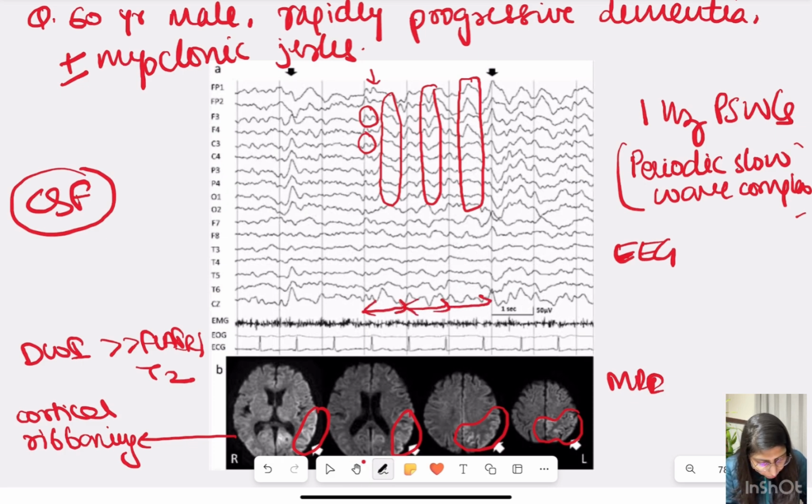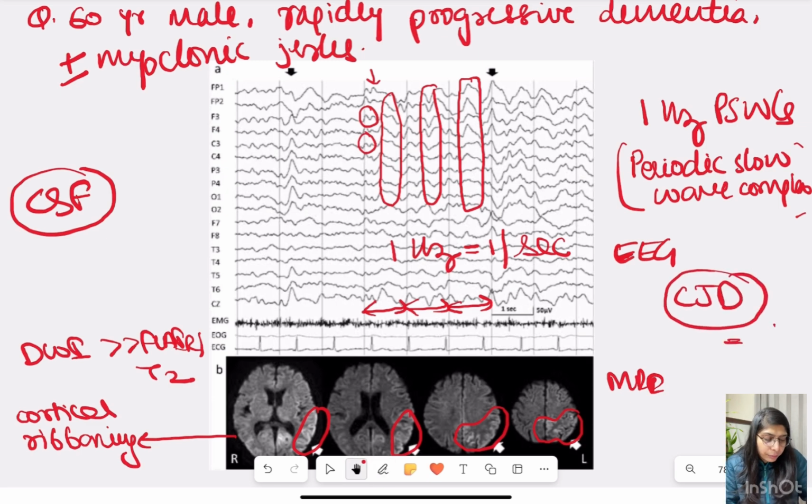This is 1 second, second number 2, second number 3, in every 1 second. So these are the abnormal waveforms, and it is coming with a frequency of 1 per second, which means it has a frequency of 1 Hertz. So this is an EEG suggestive of a CJD patient, a Creutzfeldt-Jakob disease patient or a Prion disease patient.